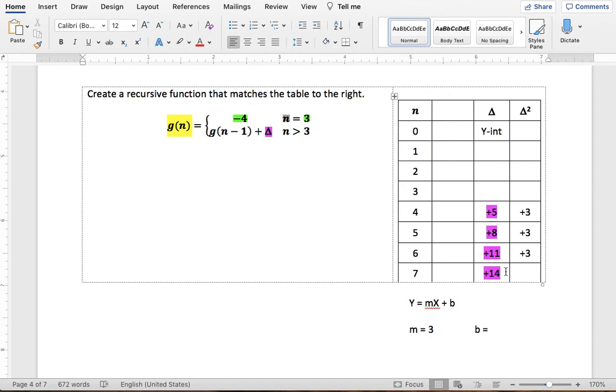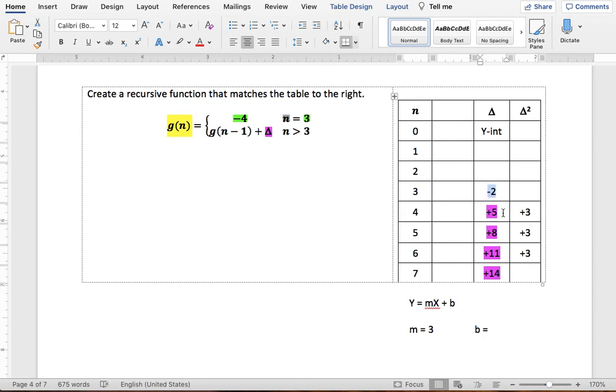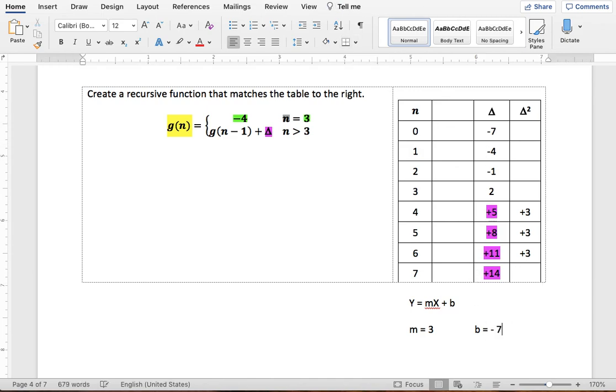Okay, so once again, going down, it's +3 each time. So going up, I'm going to go -3. 5 minus 3, negative 2. Oh, I'm so sorry. 5 minus 3 is positive 2. My mistake. 2 minus 3, negative 1. Negative 1 minus 3, negative 4. Negative 4 minus 3 is negative 7. So my y-intercept is negative 7.